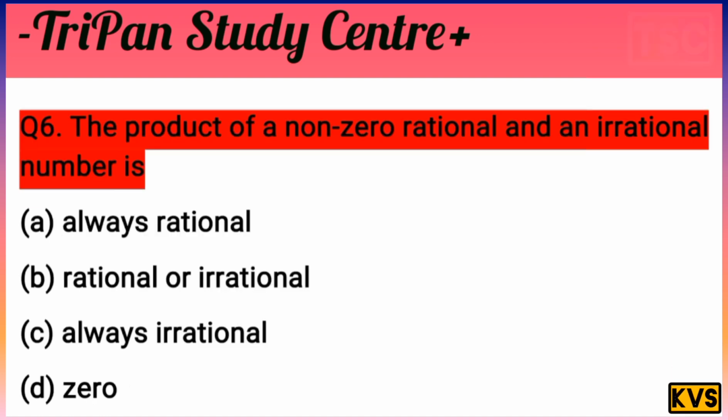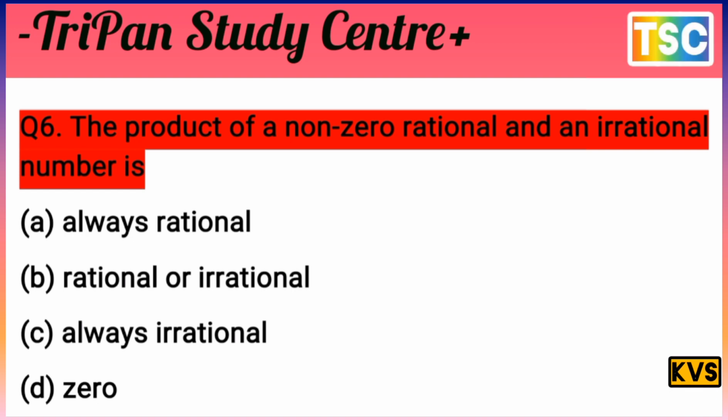The next question is important. The product of a non-zero rational and an irrational number is: A) always rational, B) rational or irrational, C) always irrational, and D) 0.